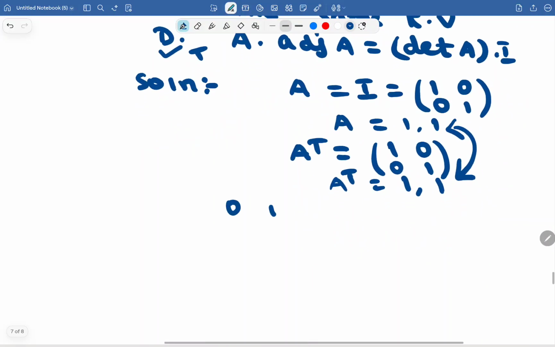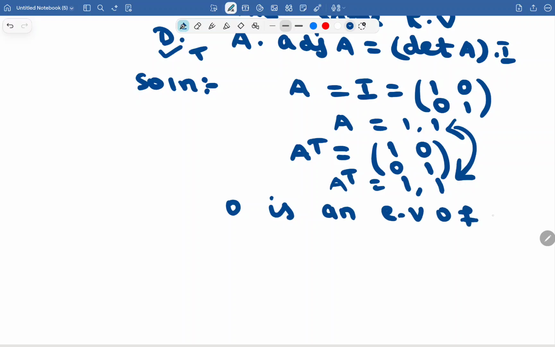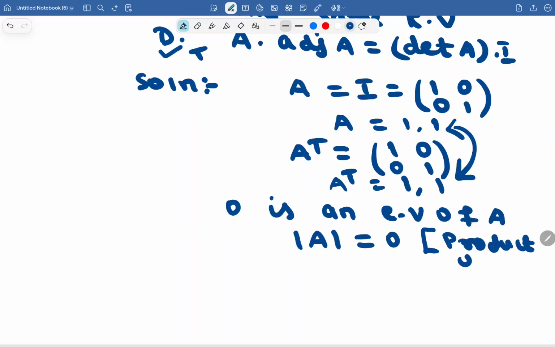If 0 is an eigenvalue of A, then determinant A must be 0, because the determinant is the product of the eigenvalues. One of the eigenvalues is 0, so the determinant value must be 0.